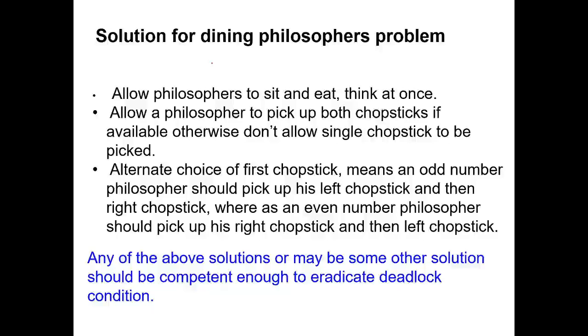So the solution to this problem is to allow philosophers to sit and think at once, and allow philosophers to pick up both chopsticks only if both are available. Otherwise, don't allow a single chopstick to be picked.